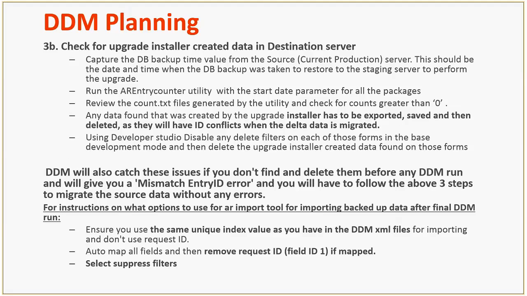DDM will give you those conflicting IDs, so you may have to go and either back them up and delete them, or just delete them, and then continue your DDM runs. These planning steps are just to give you the opportunity to proactively look for this additional data and clean it up. Otherwise, DDM will help by pointing those out, so you can take care of them during your DDM runs and move on.